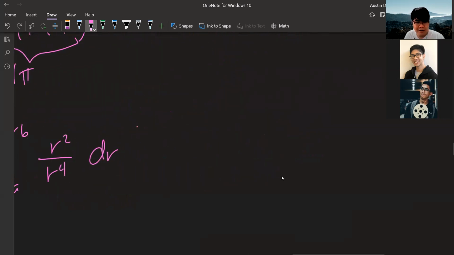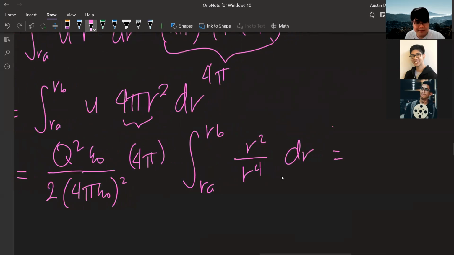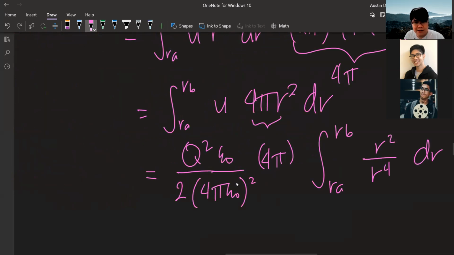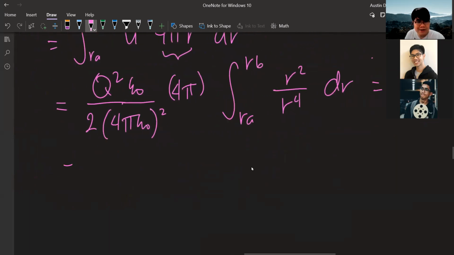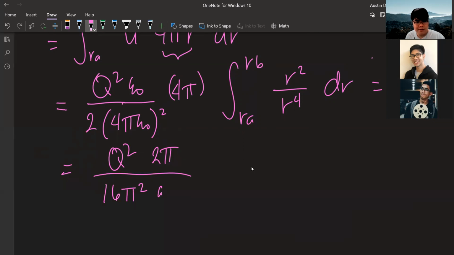Ayaw gumana ng pen. Okay. Yan na. Ano pa ba? Pwede pa ba tayo i-simplify dito? Dito ko na lang muna isulat yung sagot. Okay, so q squared is as is. And then this is 2 pi, and this is 16 pi squared epsilon naught squared.